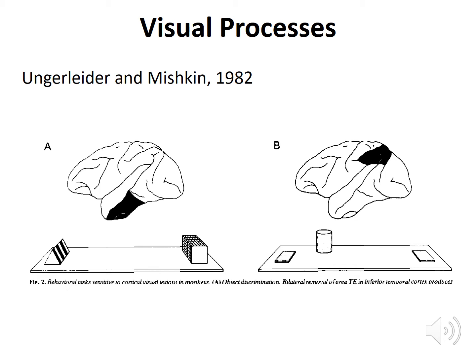The monkeys who have temporal lobe lesions are no longer able to perform the object discrimination task, and the monkeys that had a parietal lesion can no longer perform the landmark discrimination task. And this is a clear indicator of the distinction of where and what, or what in A, object discrimination, versus where is the object shown in B.